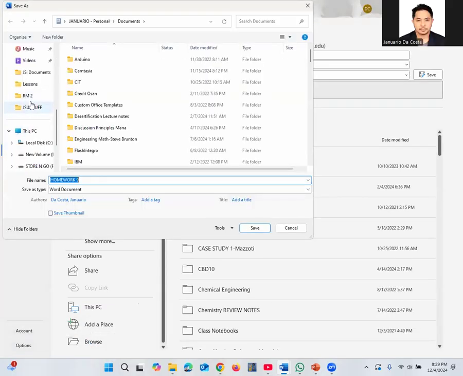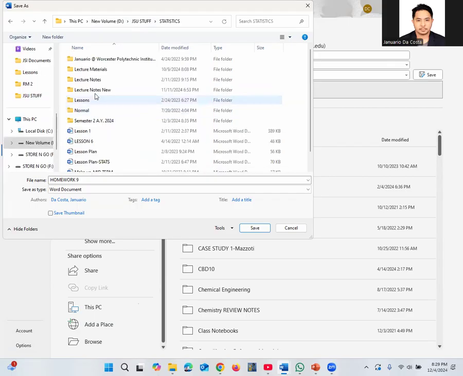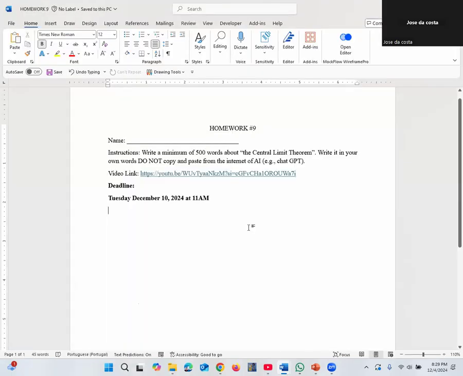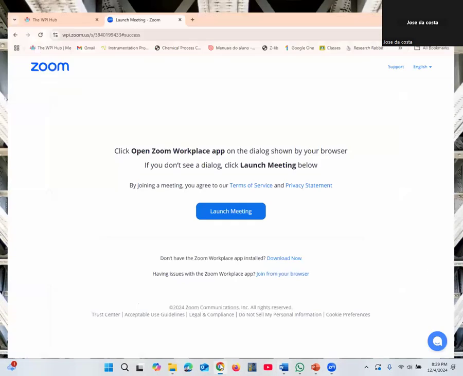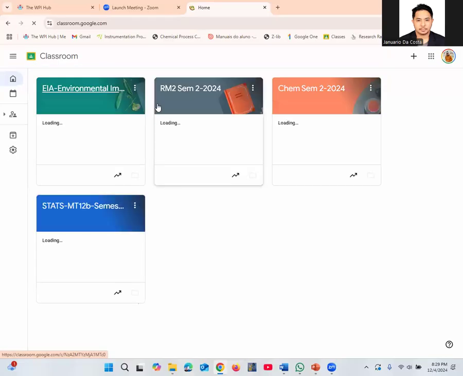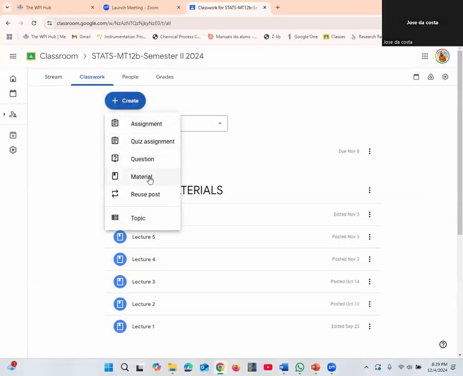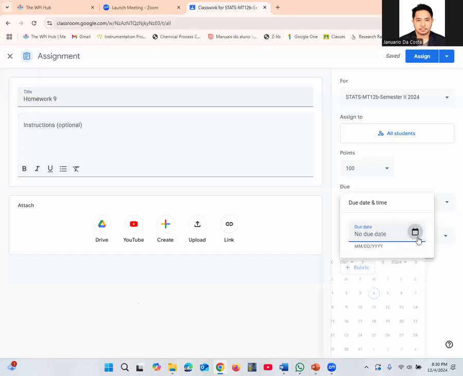And let me share this. Here I go. So now step 2 and on here. There we go. Assignment. Homework. Okay, so classes. I have stats. Created assignment, homework number 9. Due date is the 10th, right?